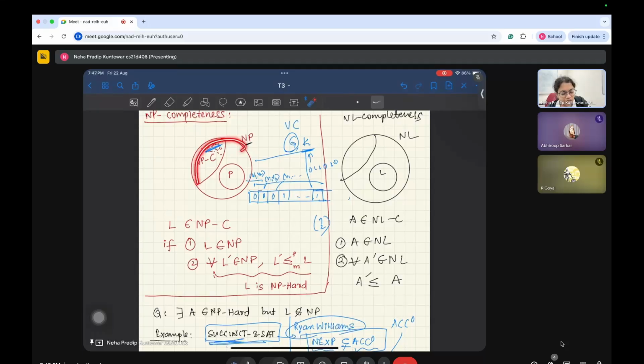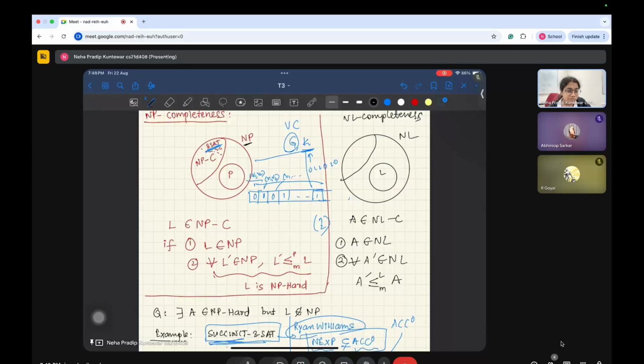So in case of NP, we didn't define it to be reducible with respect to NP. We looked at something potentially smaller, which was P. So similarly here also we won't define something like P or NL reducible. We will define something potentially smaller, which is L reducible, or log space reducible. So what do we mean by that?